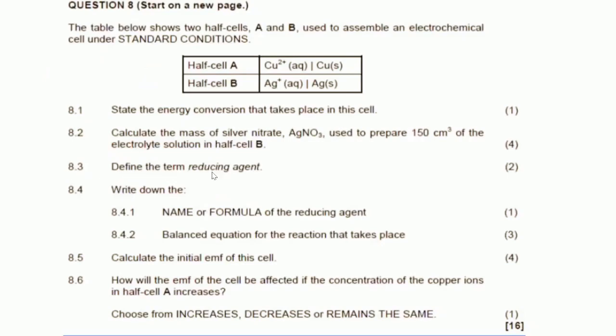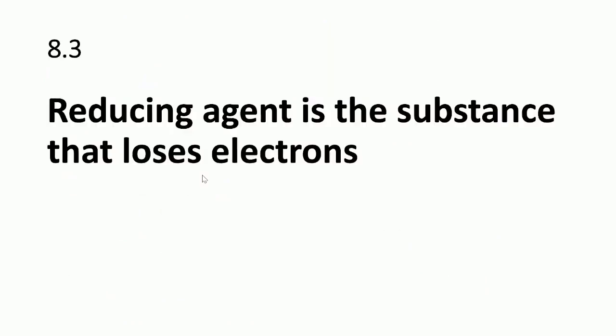Now, 8.3 says define the term reducing agent. What is a reducing agent? Once again, a reducing agent is the substance that loses electrons. This is a substance that undergoes oxidation. Here I'm trying to give the whole explanation even as to what oxidation means. So a reducing agent is the substance that loses electrons, because oxidation is a loss of electrons.